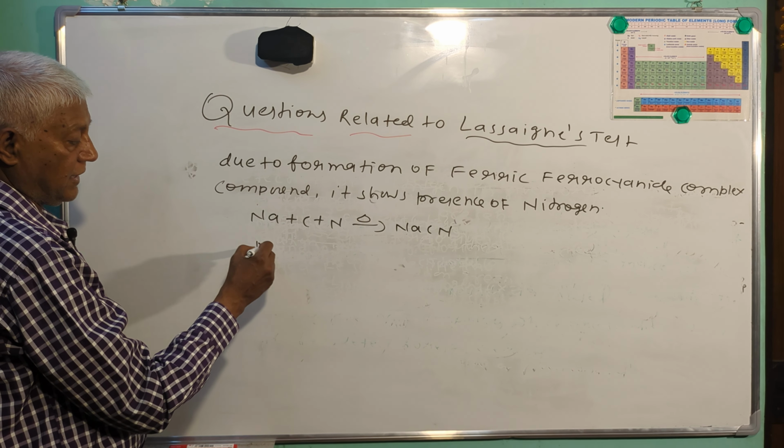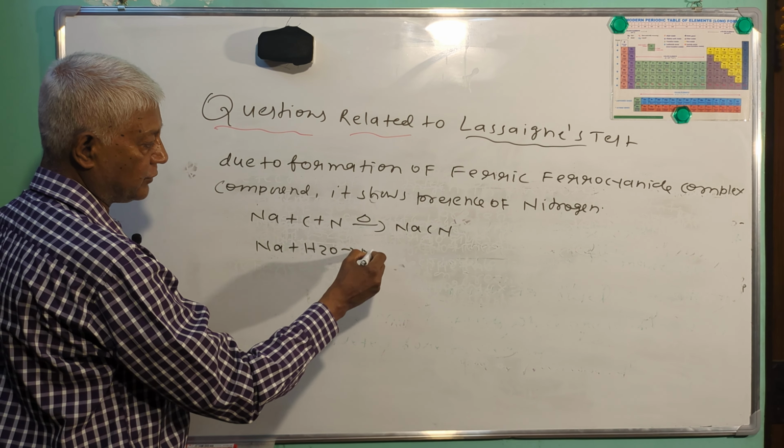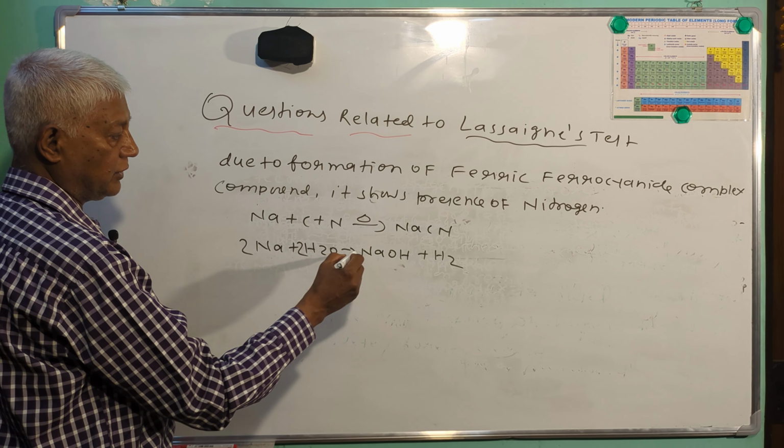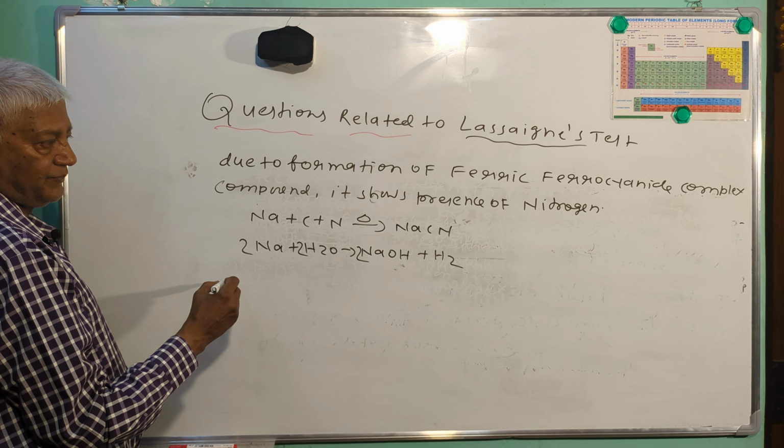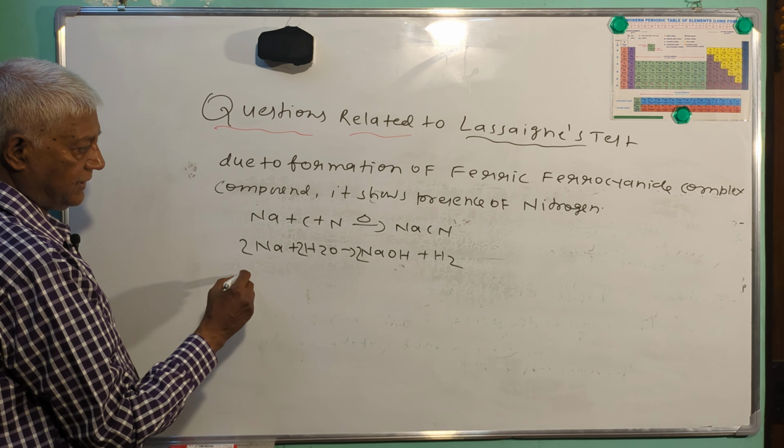Also, excess sodium reacts with water, so what you get is sodium hydroxide plus hydrogen gas: 2Na + 2H2O gives 2NaOH + H2 gas. Now we have NaCN and NaOH.